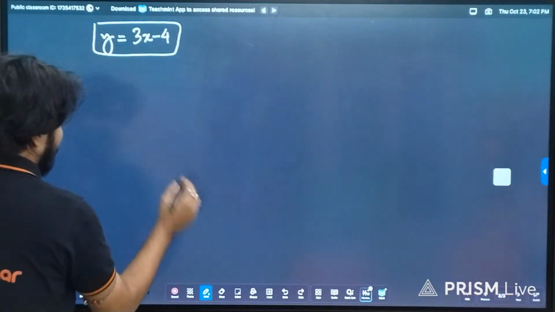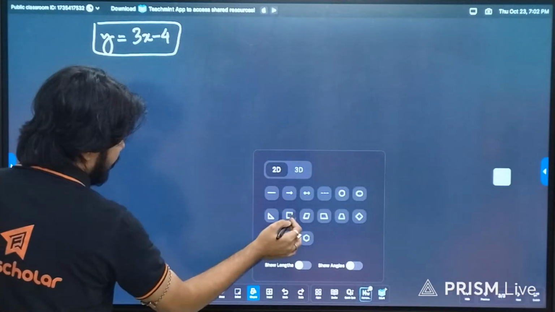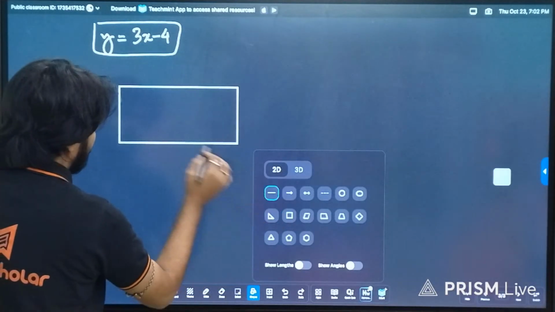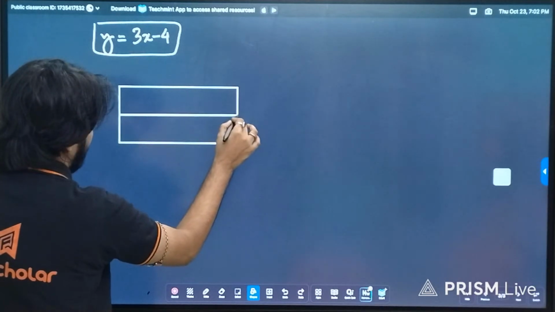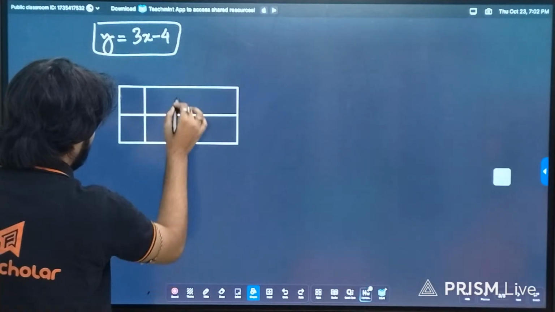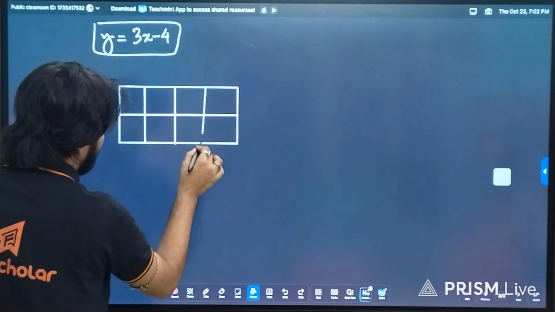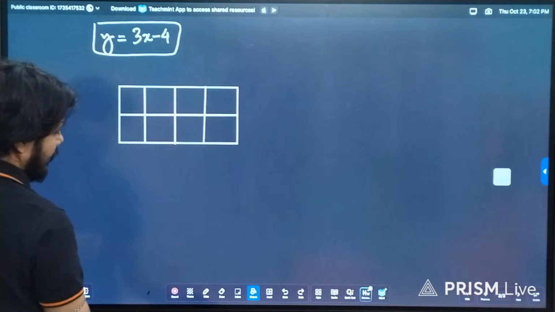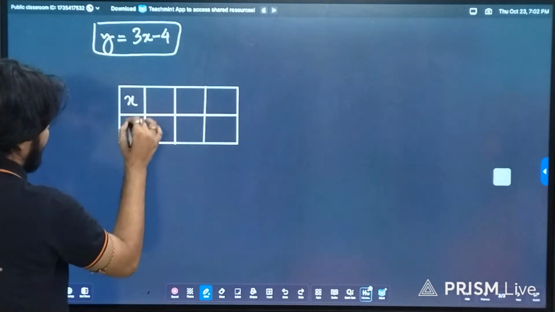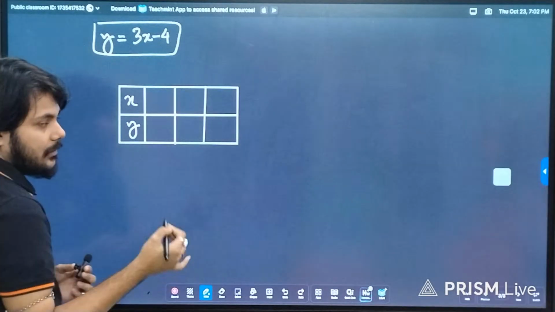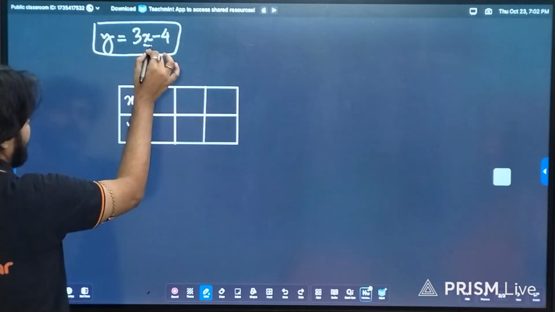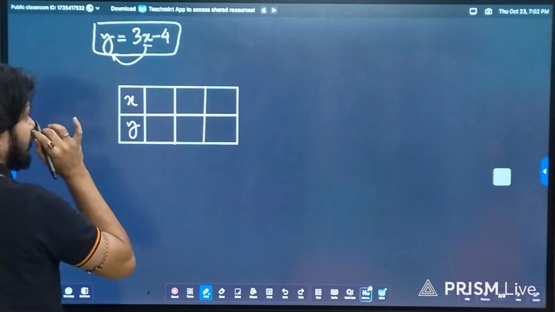First of all, make a chart, as I have shown you in the previous slides. Now you will write x and y, because for different values of x you will get different values of y.